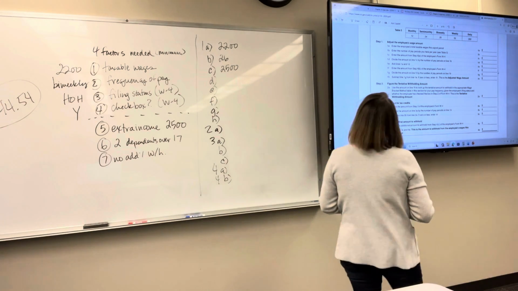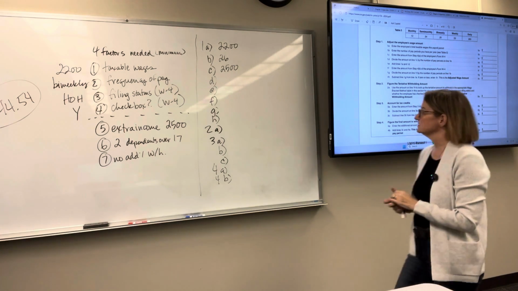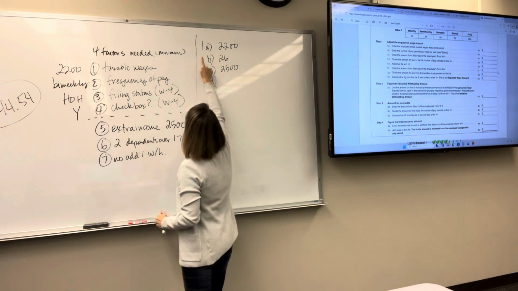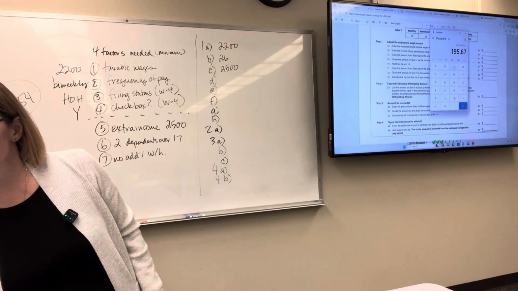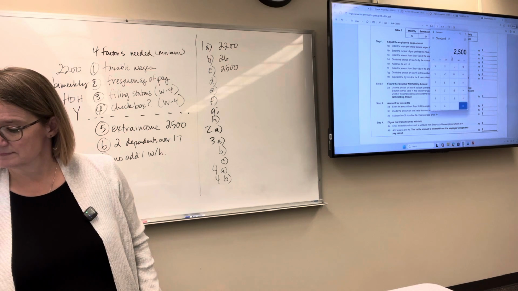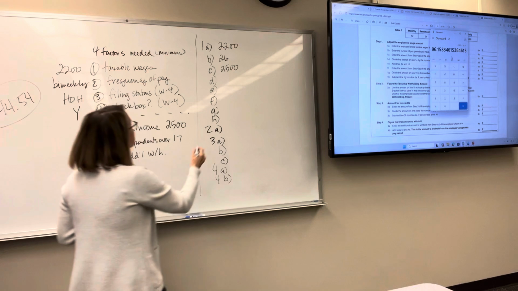Step 1D, divide the amount on line 1C by the number of pay periods. Okay, so we're going to take 2,500 divided by 26. $96.15.